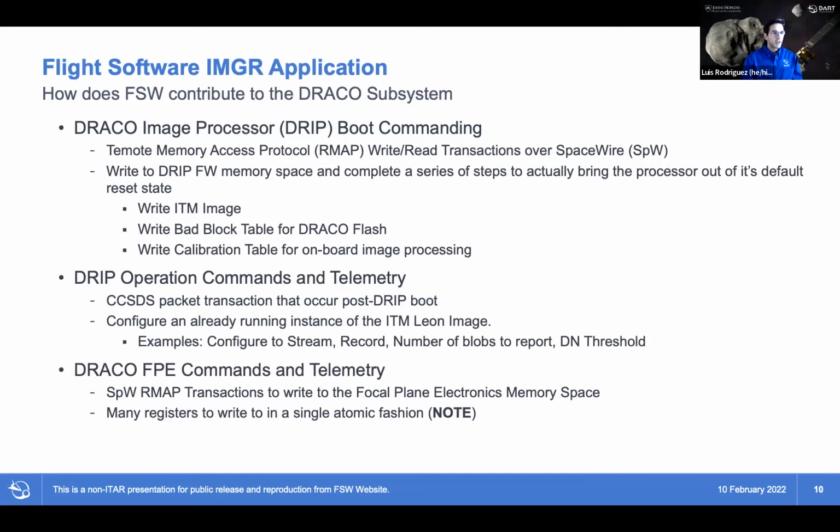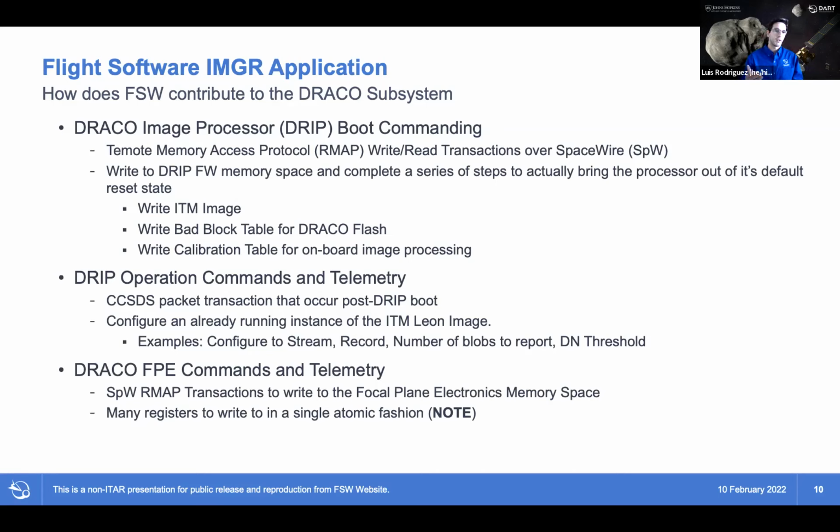So the flight software imager application contributes to this DRACO subsystem, like I mentioned before, by allowing us to interface with the DRACO image processor through RMAP write and read transactions over SpaceWire. Usually the RMAP read and write transactions are used for actually booting the DRACO image processor.